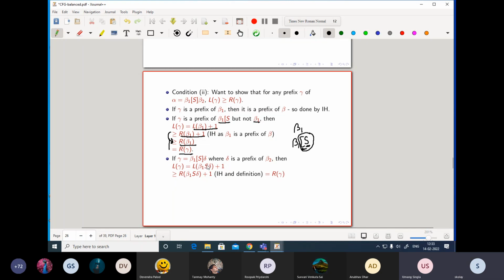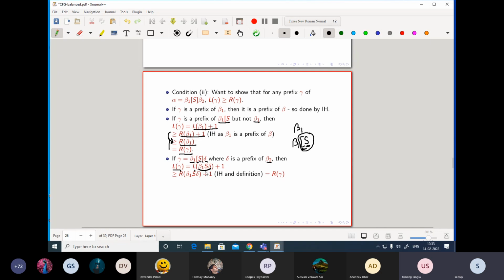Okay, so the final case for gamma is that it is of the form beta 1 left bracket S right bracket delta, where delta is a prefix of beta 2. Delta could be epsilon, so I'm taking just one case in this. Now again I have to compare L of gamma and R of gamma. So L of gamma can be written as, now notice this, I am considering the string beta 1 S delta.